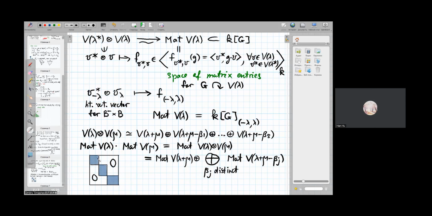So you may take just one of these blocks and forget about the other one. The space of functions will be the same. Okay? We only consider the space of functions on the group, the space of matrix entries. Yes.